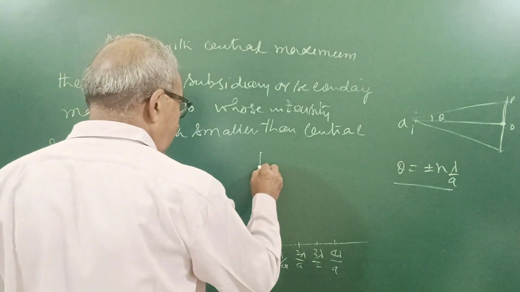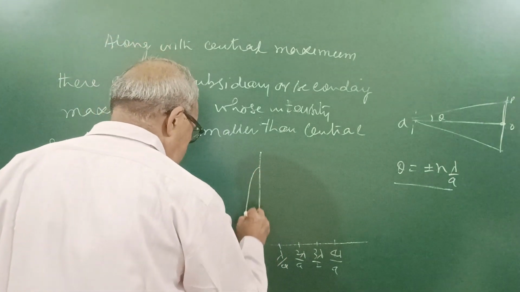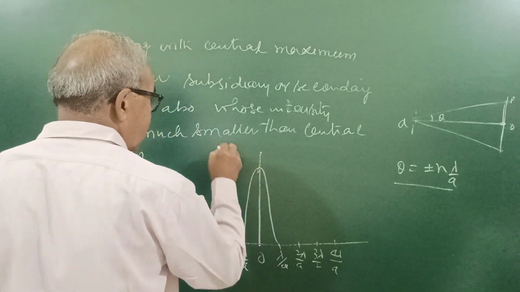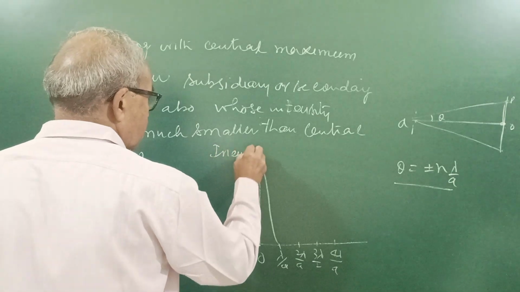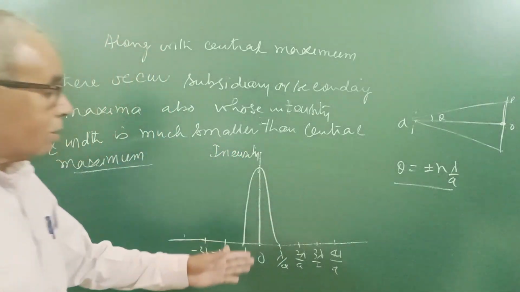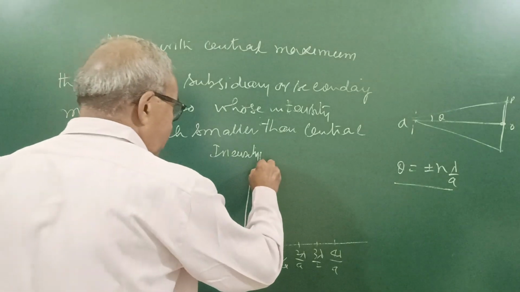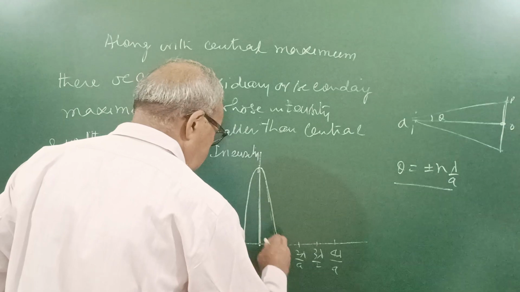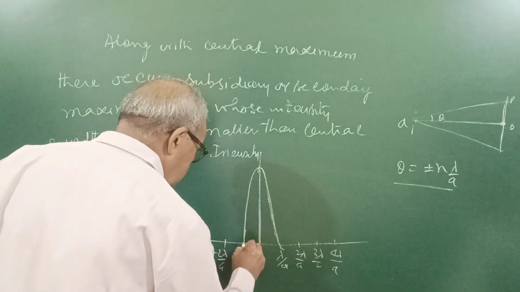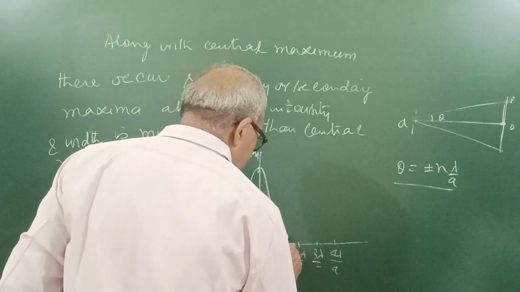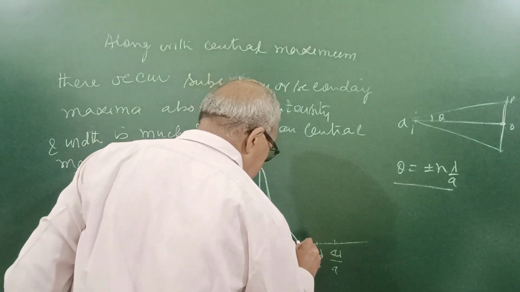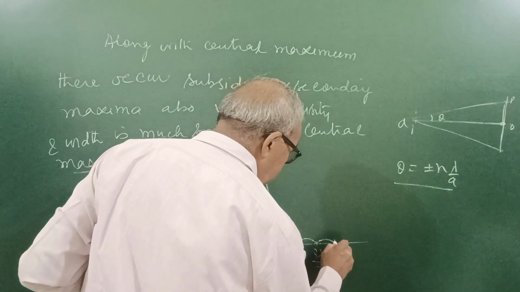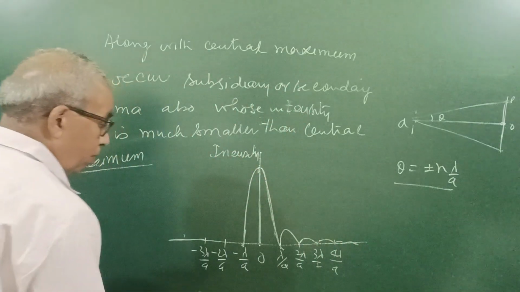So the central maximum has intensity of this height. Don't think that some tower is there. This represents this much unit of intensity. Then it becomes 0 here at lambda by a, and then we get secondary maximum like this and like this. The intensity keeps on decreasing and finally becomes 0.